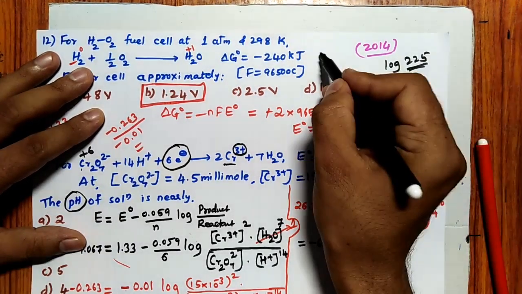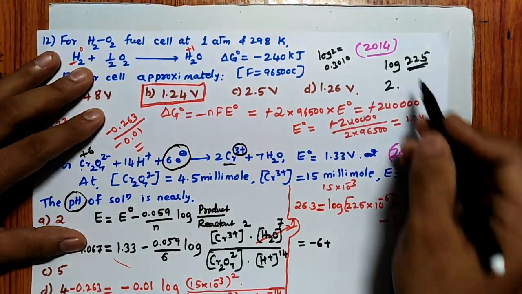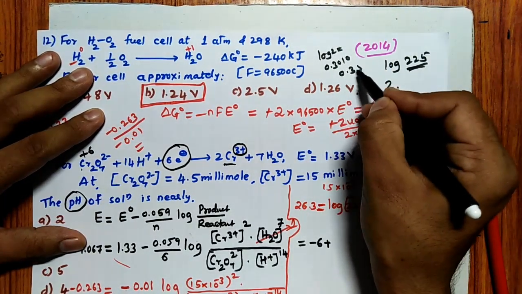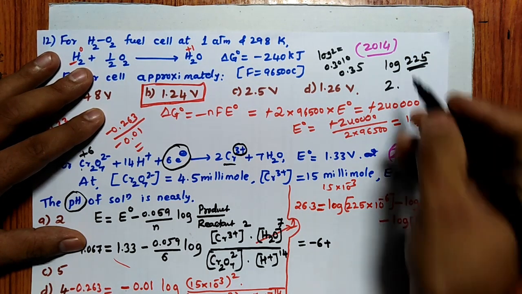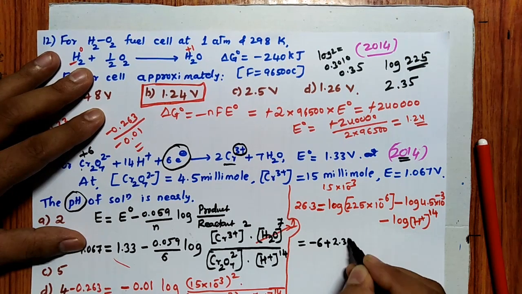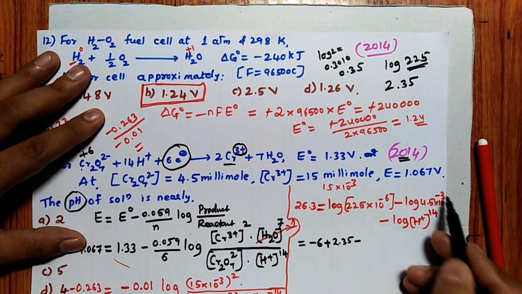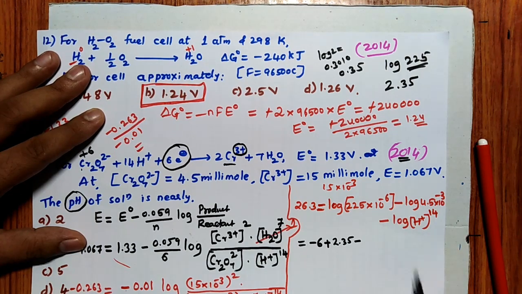Right? 22, log 2 is how much? 0.3010. 22 is there, I will take it as 0.35. Any problem? No problem at all. So I will write 2.35. Hence 2.35. Minus. See, minus 3 is there. Minus 3 of minus, plus. So I will write plus 3 minus log 4.5.